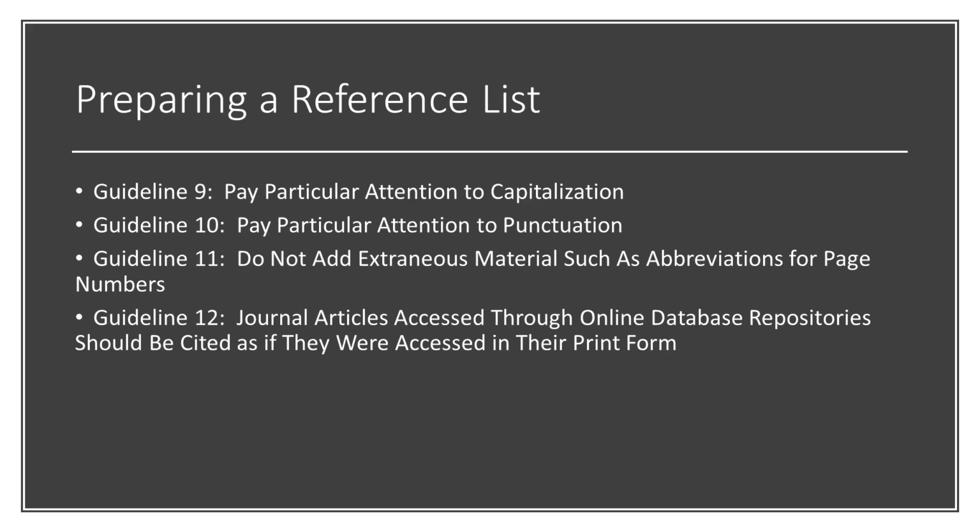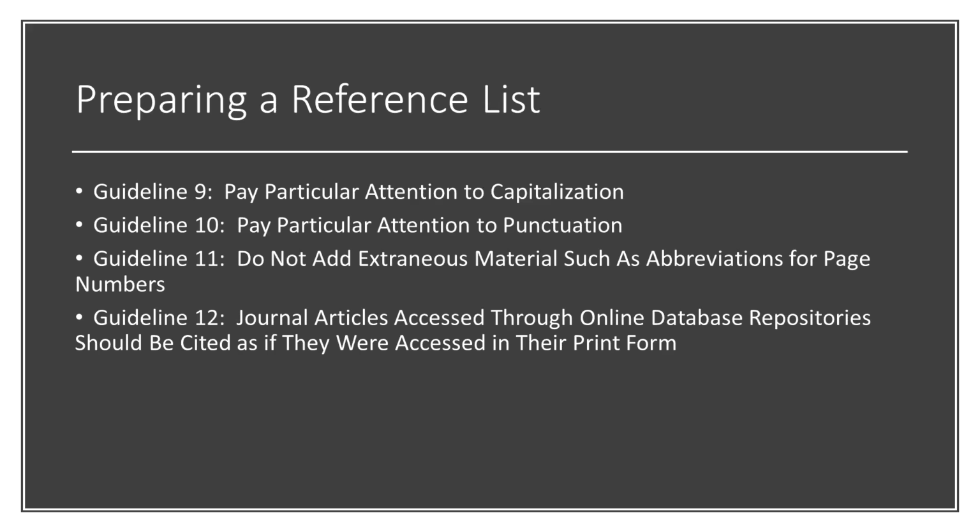Guideline number 10, pay particular attention to punctuation. Failure to use proper punctuation in reference lists could lead to corrections on your paper from your professor, so make sure you watch punctuation. Guideline number 11, do not add extraneous materials such as abbreviations for page numbers.